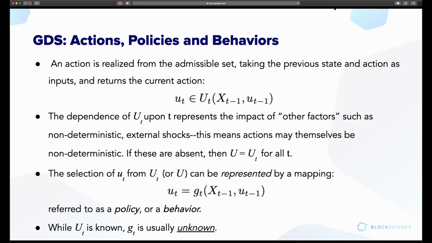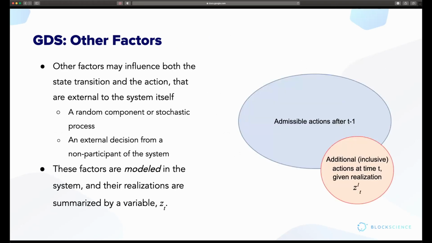Maybe X at T minus 1 is you have 10 Bitcoins, and at T minus 1 you received 1 Bitcoin. Then at U of T, the power goes out, and now sending Bitcoins is no longer in the admissible actions. So I'm saying big U of T versus big U of T minus 1: the power was on and you could send Bitcoins, and at U of T the power goes out and you can't send Bitcoins anymore.